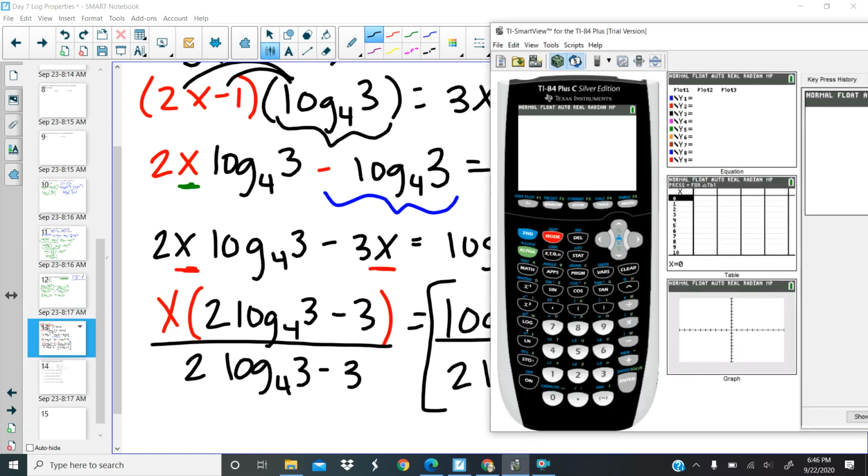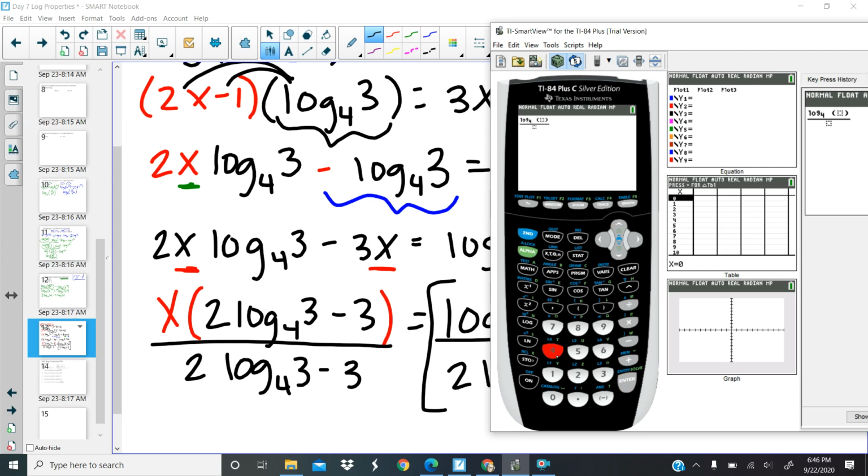So I've got my calculator pulled up, and since that's a really long thing and I don't want to deal with making sure all the parentheses are in the right spots and everything, I'm going to hit alpha y equals, and I'm going to choose that little n/d. It's like numerator over denominator, and it just puts a little fraction bar in here for me. And then the numerator was log base 4 of 3 plus 2. So to get that log base, I'm going to hit math up, and press enter.